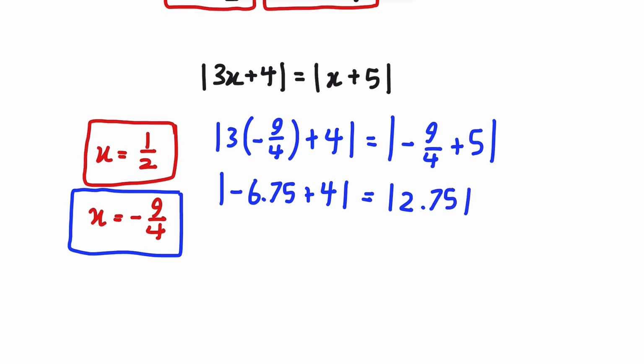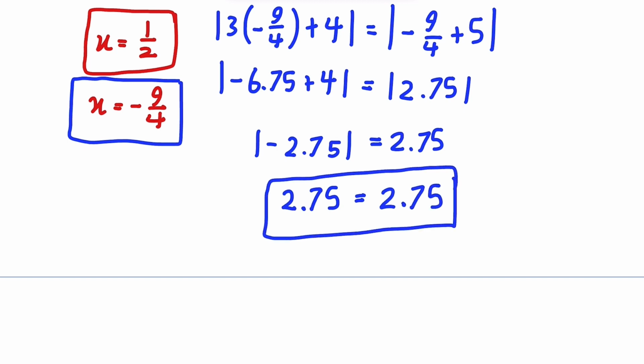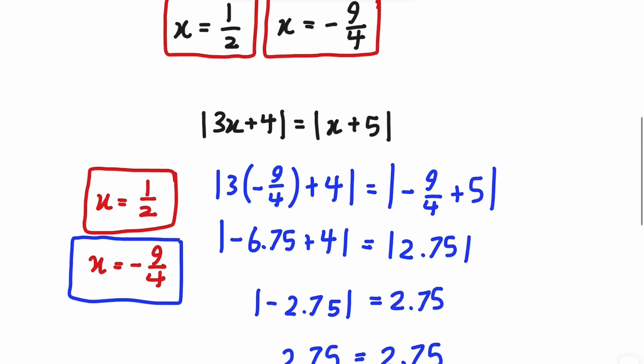So 2.75 is positive, so we'll keep it the same. And here -6.75 plus 4 will be -2.75, and the modulus of -2.75, we will cancel any sign, so we'll have 2.75 equals 2.75. So now we made sure of the two values of x and we made sure they are correct. And that's how we could make sure for us.